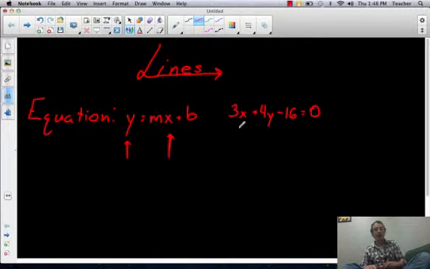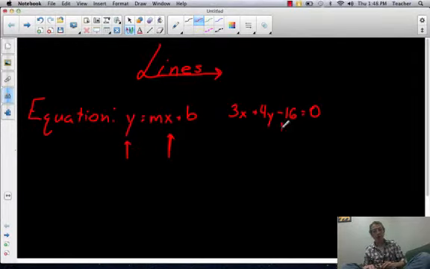Now, this equation is an equation for a line, but we can't set it up into a graph or our graphers yet. We have to make it equal to y equals mx plus b. Now, we do this just like any equation, yet one thing that I do want to point out is the y should remain on the left. It should remain by itself on the left.